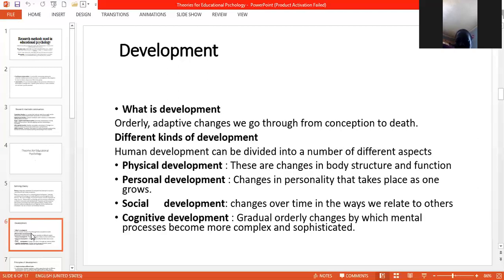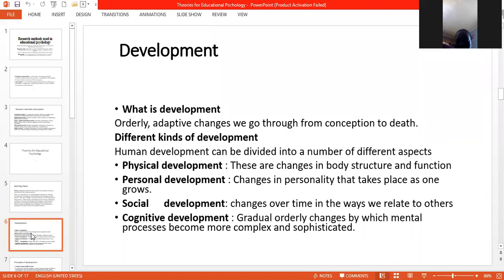These are changes in personality. We look deeper at personality as we move on. Social development. These are changes over time in the ways we relate to others.